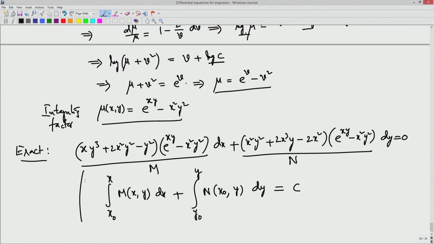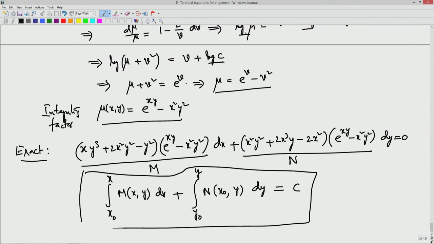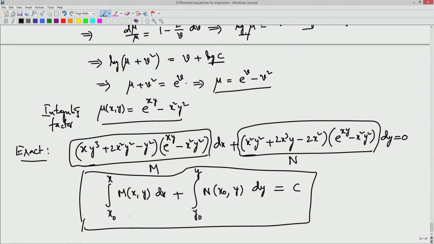So this I leave as an exercise. You take this m and n as these things. This is my n, this is my m. You put it here, that will give you the general solution.